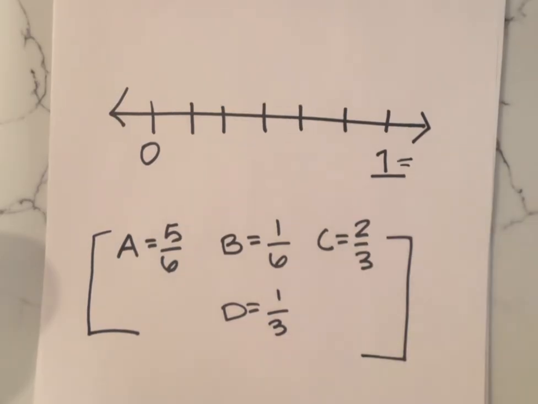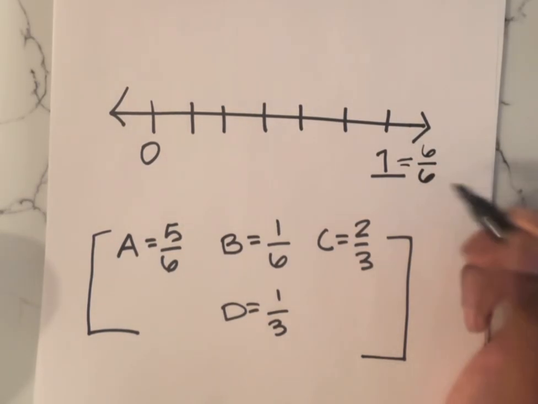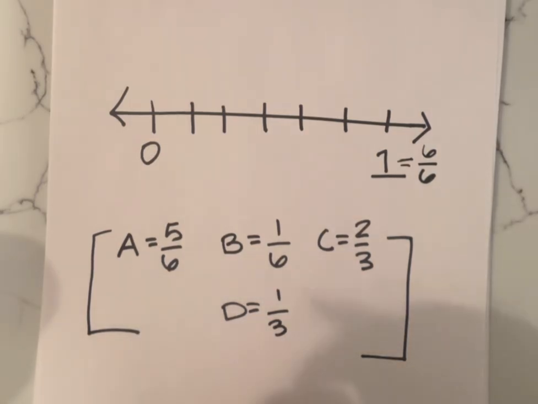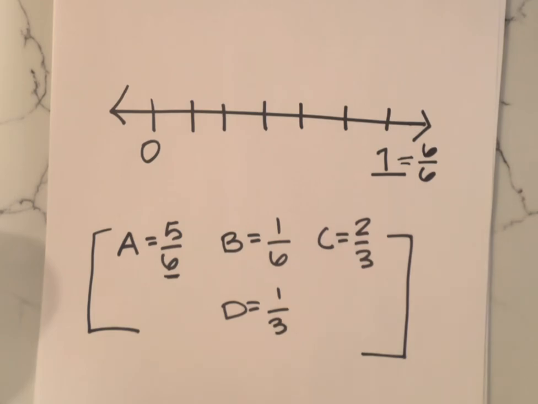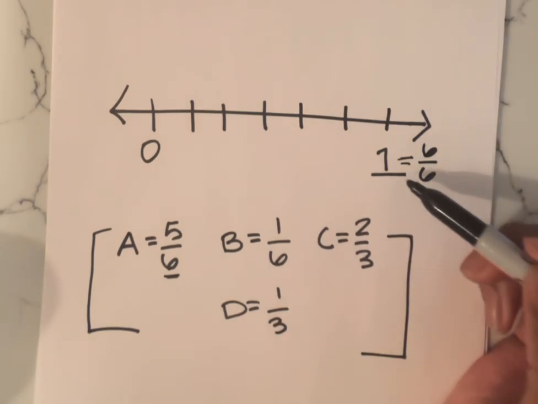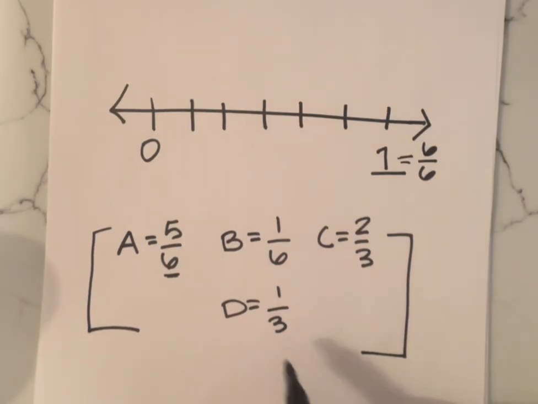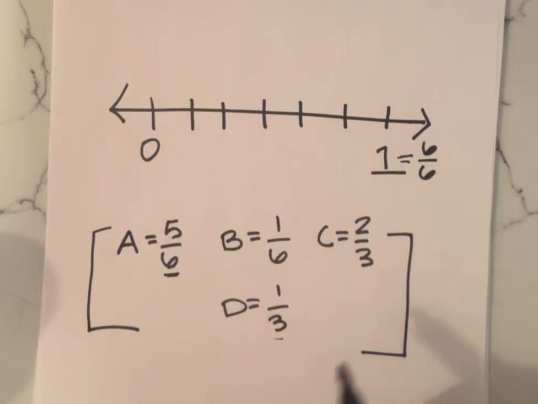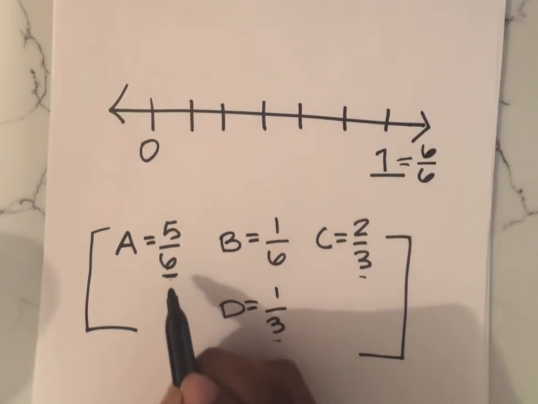So if we do 6 divided by 6, for instance, just because our first fraction that we're given here has a denominator of 6, 6/6 is equivalent to 1 because, again, any non-zero number, so 6 for instance, divided by itself is equivalent to 1. And we could have done the same thing with 3 since we have 2 fractions right here with a 3 in the denominator, but in this case, we're just going to use 6.